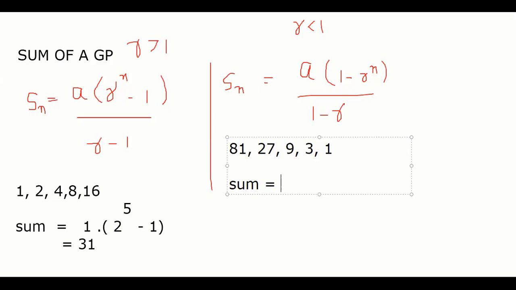What is the sum of the second series? So sum is equal to A. A is 81 into bracket 1 minus R to the power 5, by 1 minus R. What is R here?